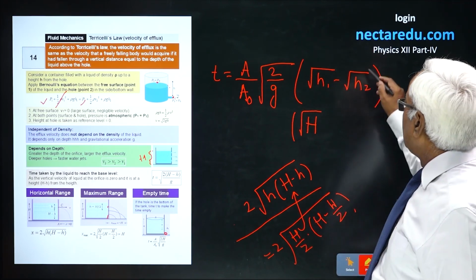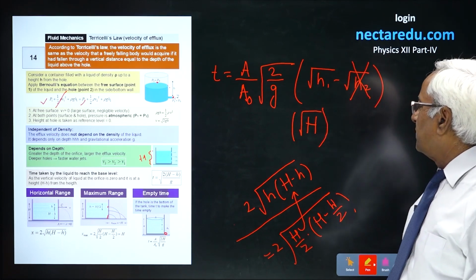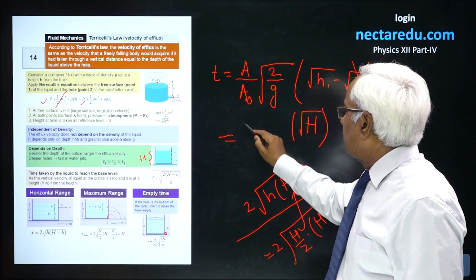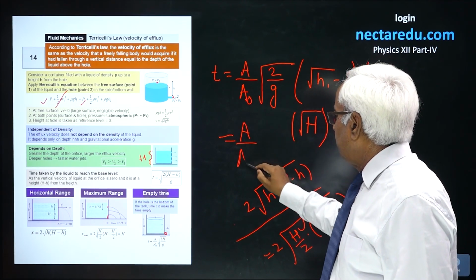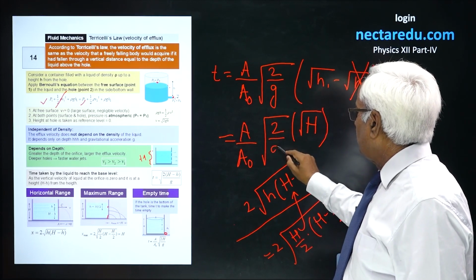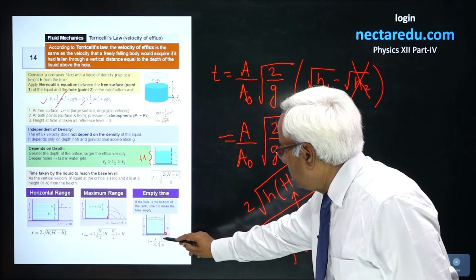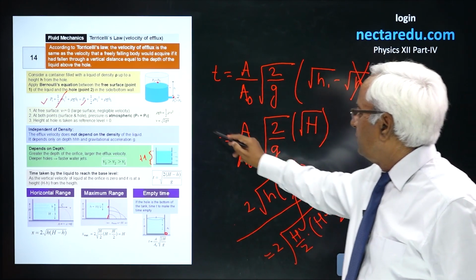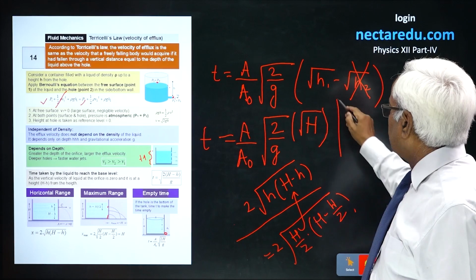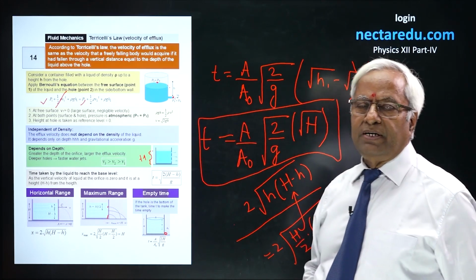Obviously the final level is going to be 0. Then what remains is this much only. Then in that case the formula for completely emptying the cylinder is going to be this one. This is exactly what I have written over here, A upon a root 2H upon g. You could say this is the complete time that the cylinder will require to get completely empty.